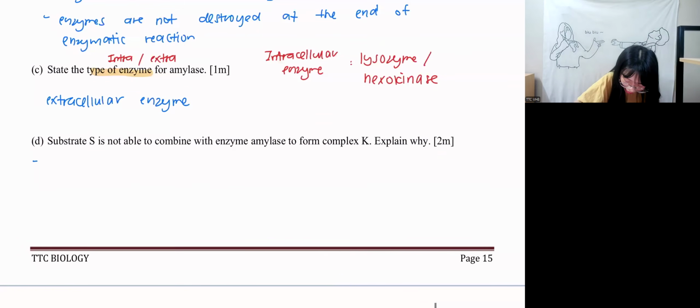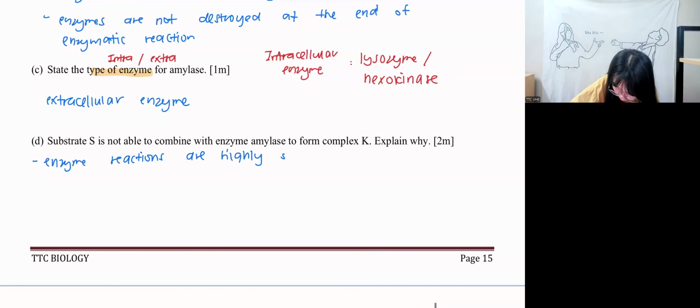So in a sentence, we can say enzyme reactions are highly specific.